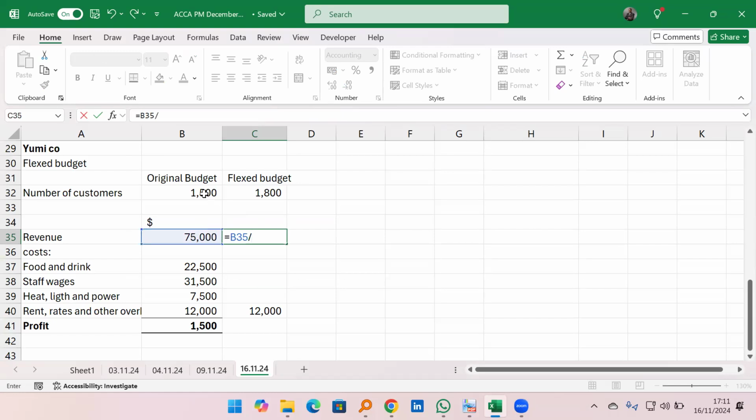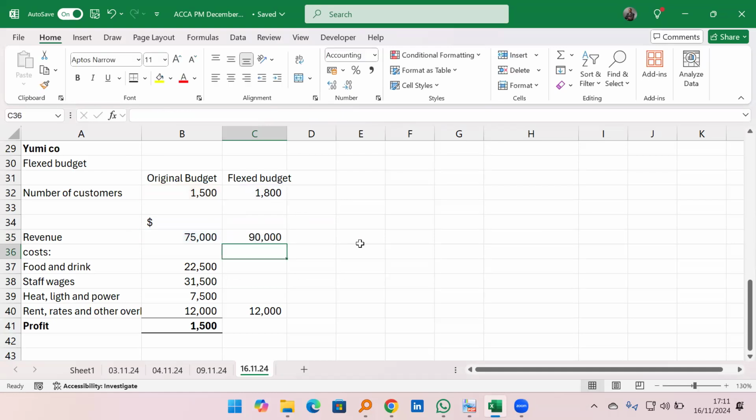If I divide by 1,500 and multiply by 1,800, that now becomes 90,000. Although we had budgeted for 75,000 as the revenue, because the actual customers are 1,800, more than 1,500, the revenue should be 90,000 as per the flexed budget.